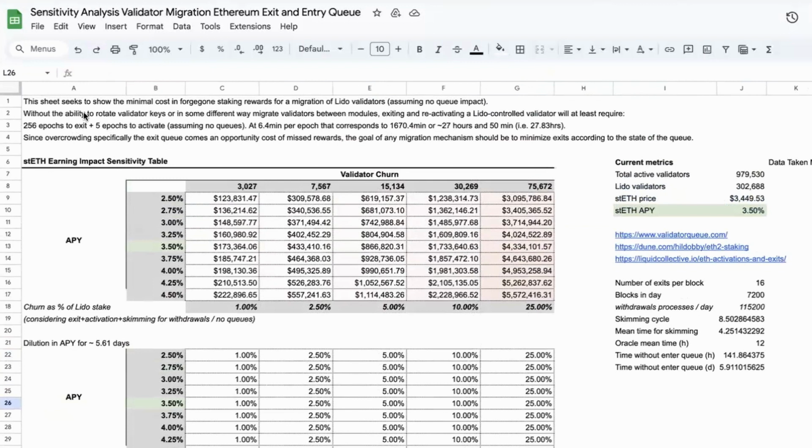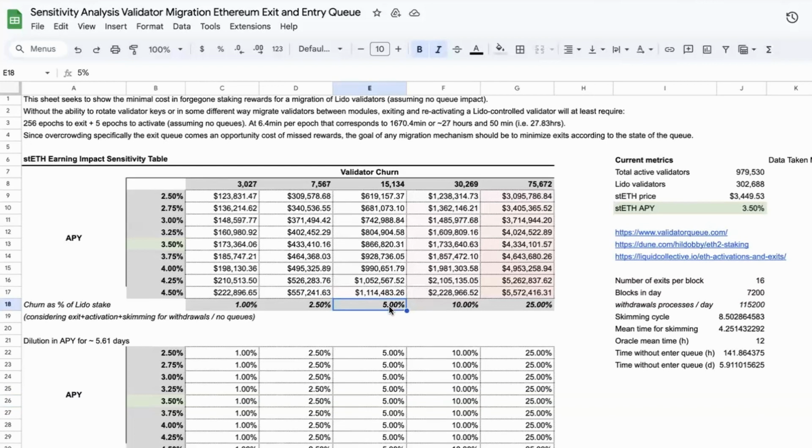So we're trying to add up this minimal time, and in that time you're not earning rewards. So we're multiplying that by the reward of that APY, and it comes out pretty high, because in the end there's a lot of stake in Lido. So if you just churn 5%, that's actually quite a lot, it's billions of dollars. So yes, it turns out to be quite expensive to do something like this.